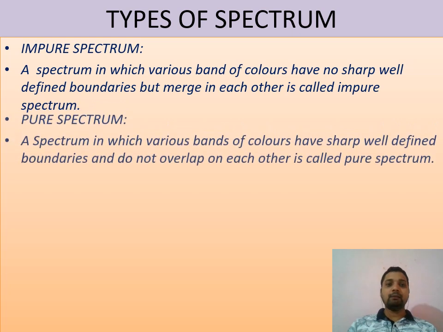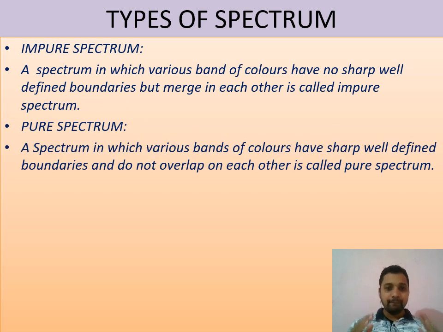Another type of spectrum is called pure spectrum. In a pure spectrum, all the colors have a boundary, meaning one and another do not overlap with each other. We are able to know where the first one ends or the second one starts. We mainly get this in a device called a spectrometer.